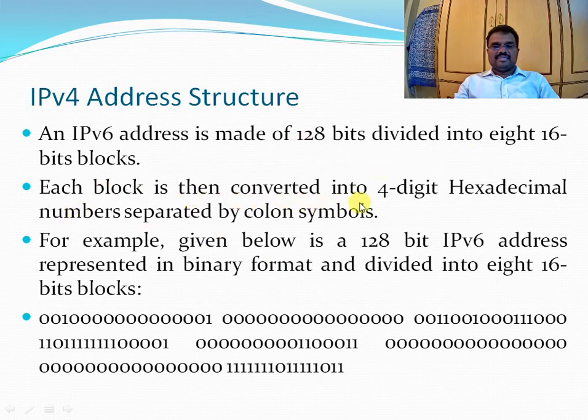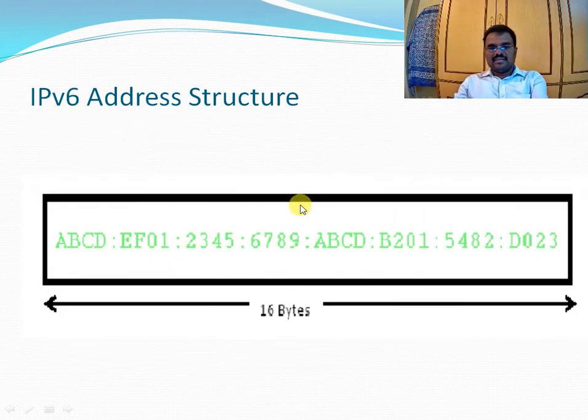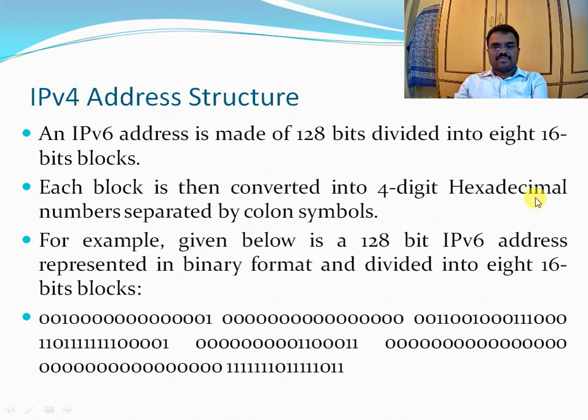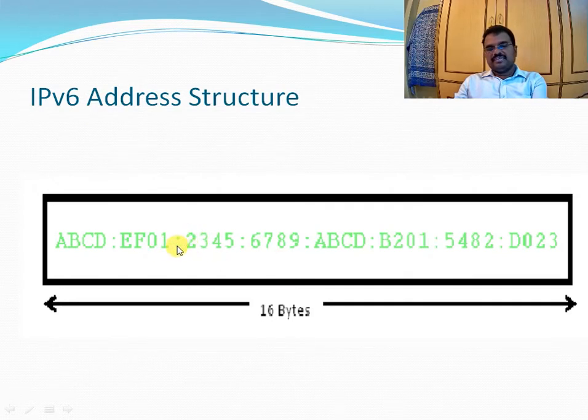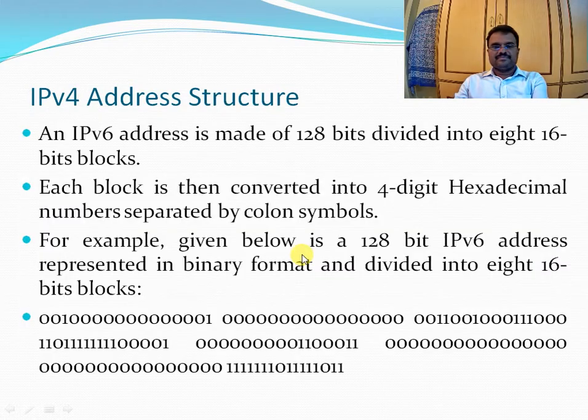Each block is then converted into a 4-digit hexadecimal number, and there are 8 such 4-digit hexadecimal numbers separated by colons. That's why this representation is colon hexadecimal representation.